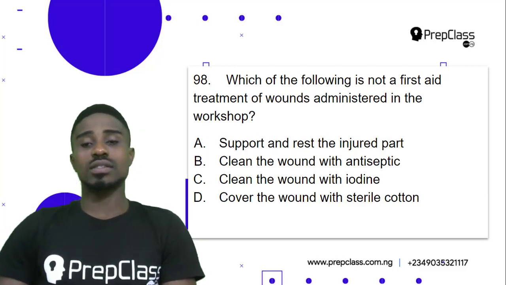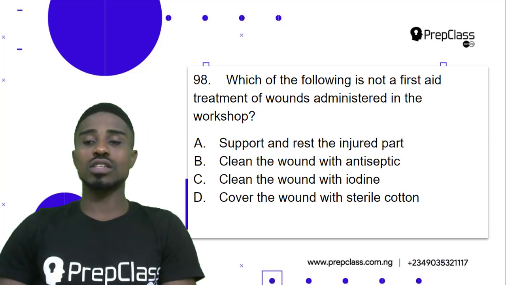Question 98. Which of the following is not a first aid treatment of wounds administered in the workshop? A, support and rest the injured parts. B, clean the wound with antiseptic. C, clean the wound with iodine. D, cover the wound with sterile cotton.